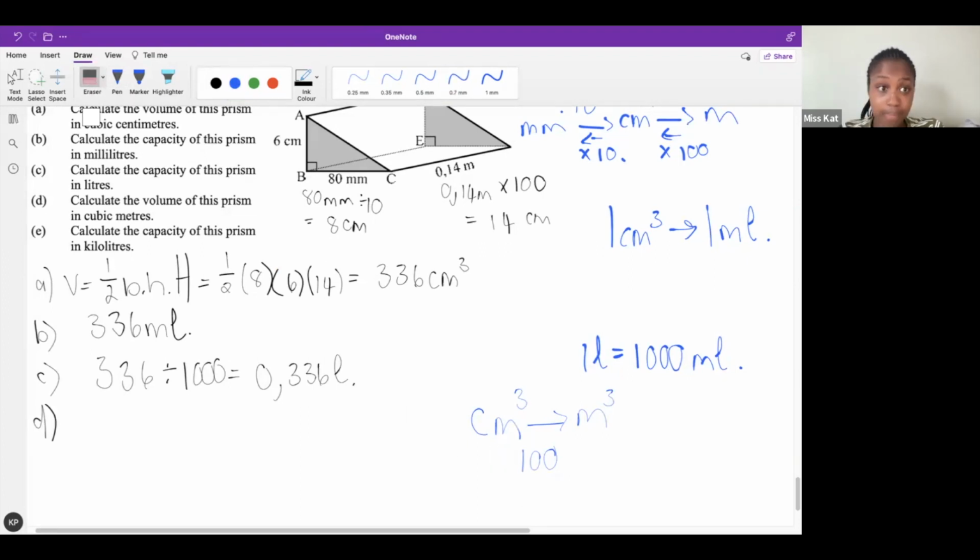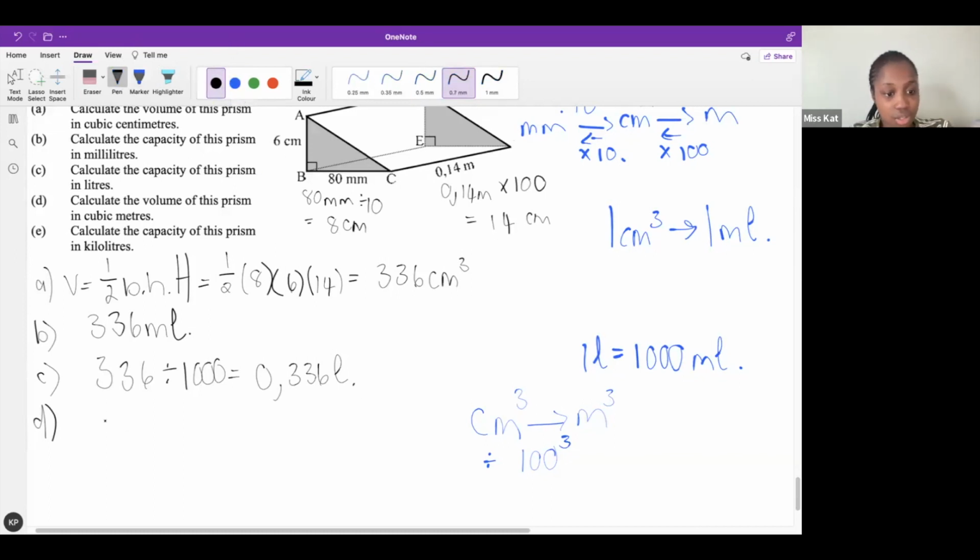If it's centimeters cubed, then we divide by 100 what? Do we remember? Meters. I mean 100. Cubed. Remember, we're not only converting normal units, we are cubing them. Do you guys remember?